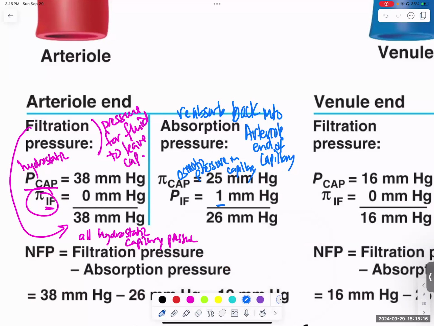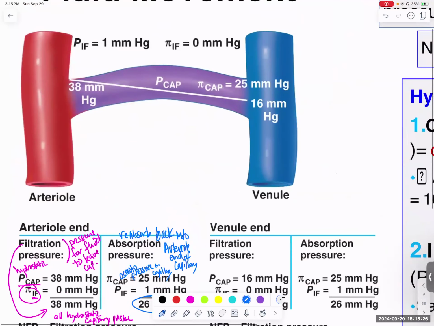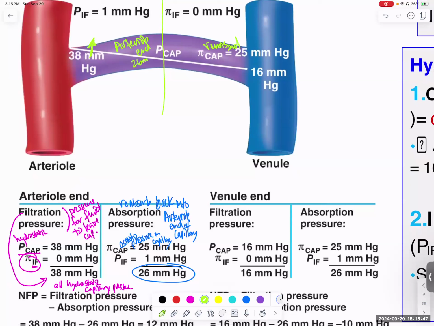It's 1. So really, the pressure to reabsorb is 26 millimeters of mercury. When we're looking at this, this is the arterial end, and this is the venous end. At the arterial end, there is 38 millimeters of mercury for fluid to leave, and then there's 26 millimeters of mercury for it to come back in.